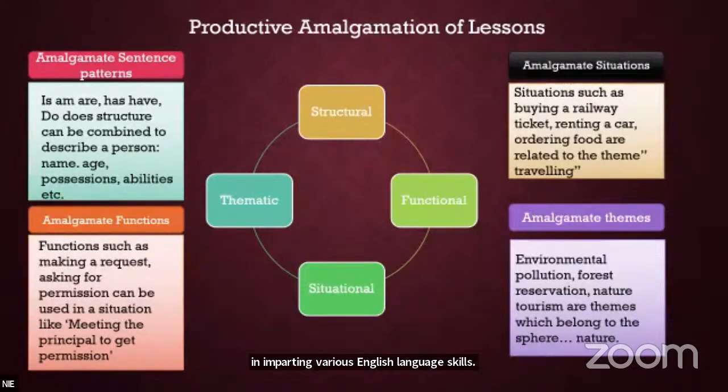When teaching grammar lessons, the structures or sentence patterns can be combined, making it easy for the learner to grip meaning in context. For example, you can amalgamate a lesson on be verbs with another grammar lesson on has, have or can plus verb infinitive and later use the lesson's combination to describe a person. Name, status, job, age, possessions and abilities.